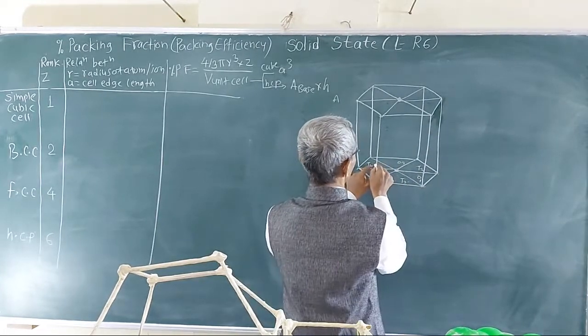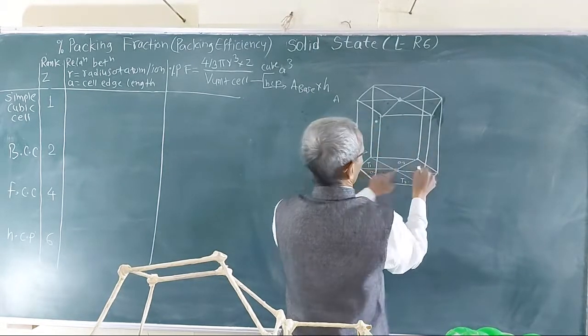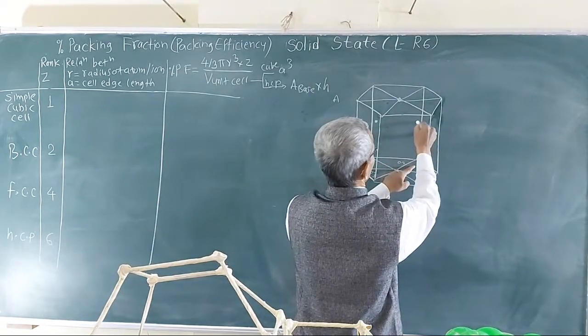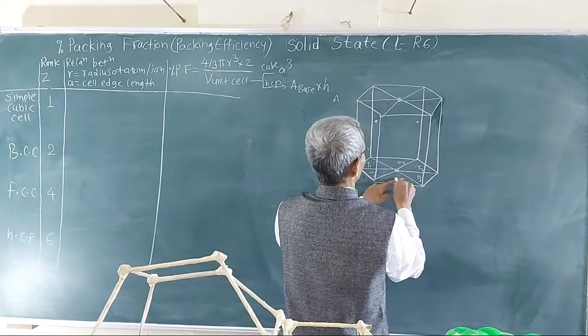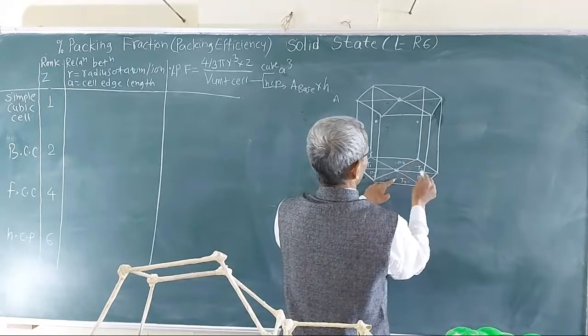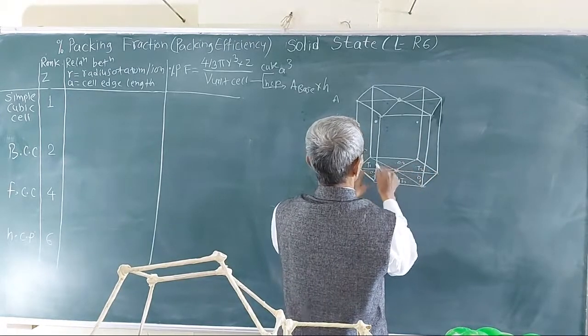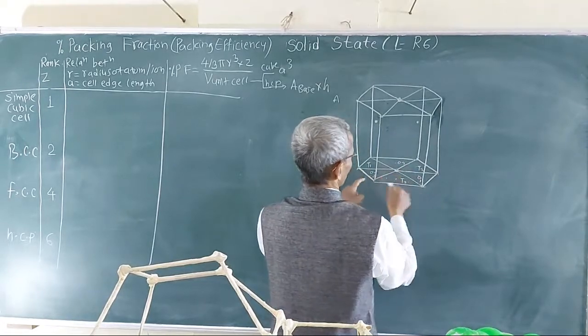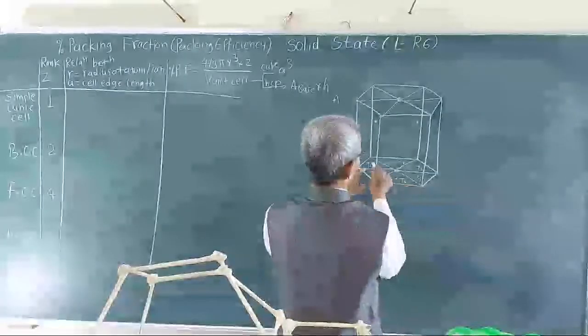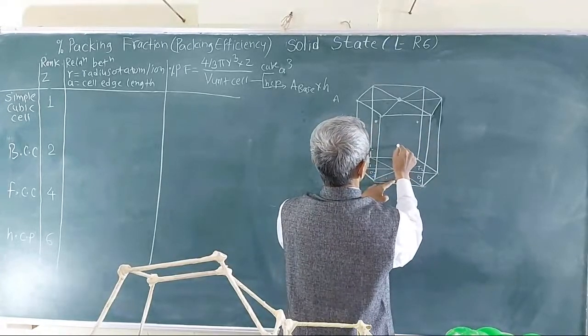Now exactly the center of this there will be 1, exactly the center of this here 2, and exactly the center of this. So here it will be tetrahedral, octahedral, tetrahedral, alternate, and therefore here these are the 2 centers, and this is the 1 here.